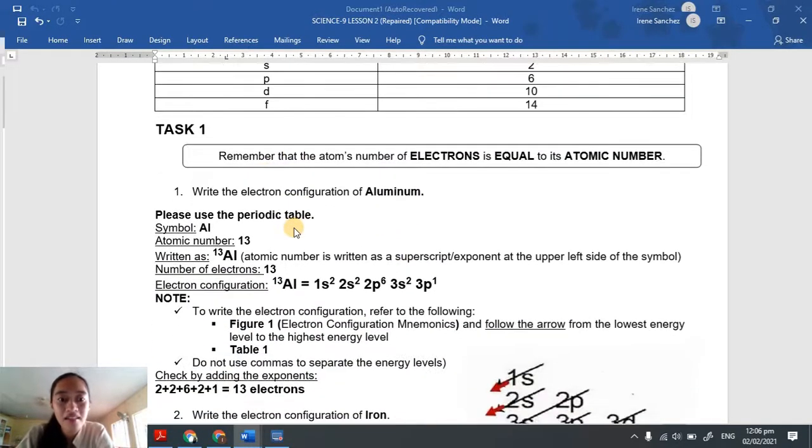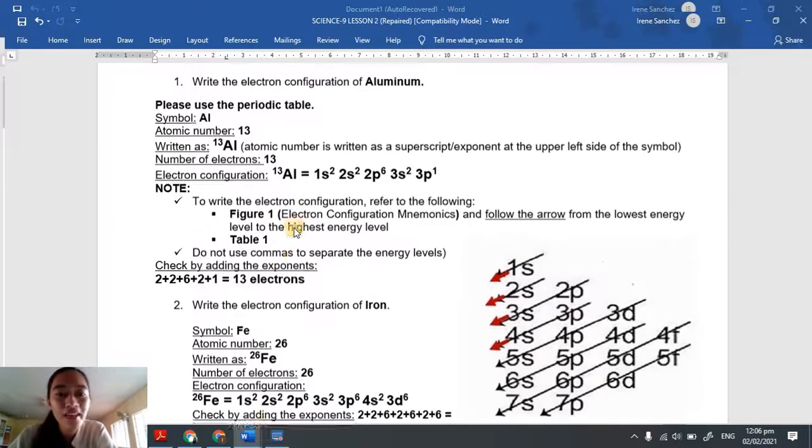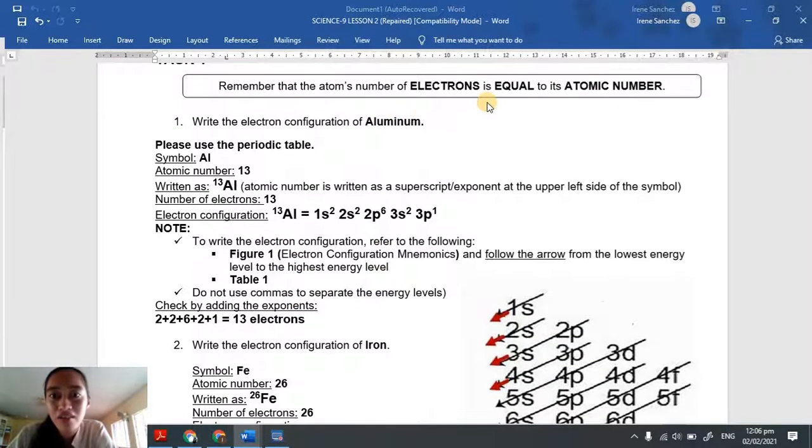Okay. Now, your task is try to write the electron configuration of the elements listed here. The first one is aluminum. Aluminum, igtanaw nimo sa periodic table, unsa may atomic number ni aluminum? That's 13. Igtanaw nimo sa periodic table, 13.